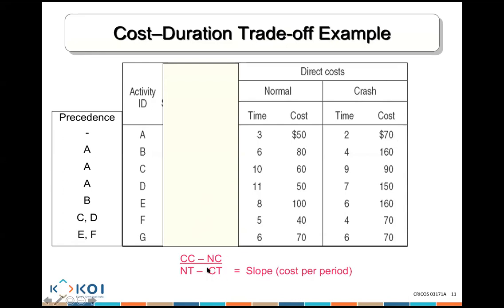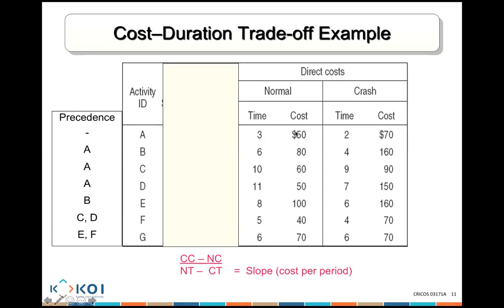So crash cost minus normal cost for A is 70 minus 50, divided by normal time of 3 minus crash time of 2. So 70 minus 50 is 20, divided by 3 minus 2, which is 1.